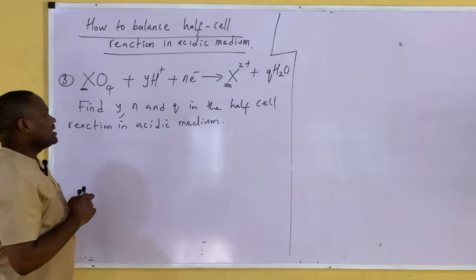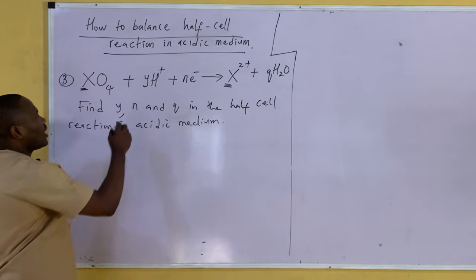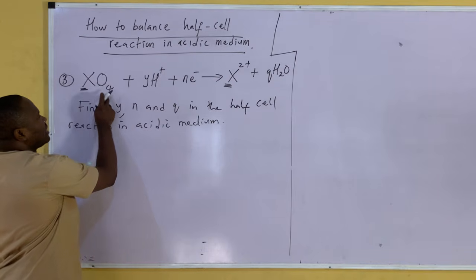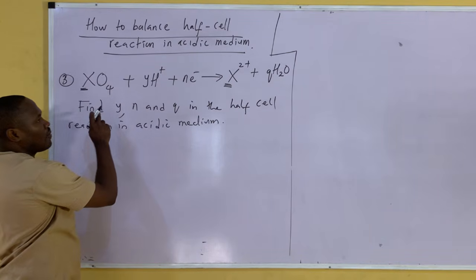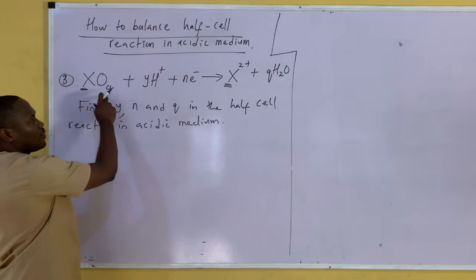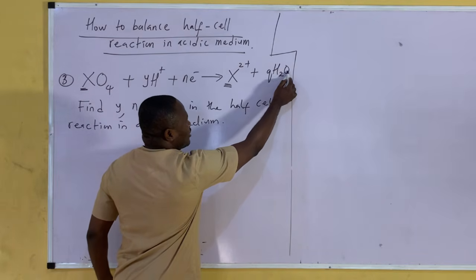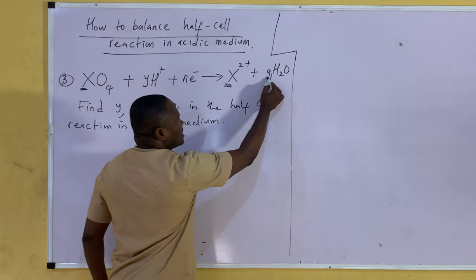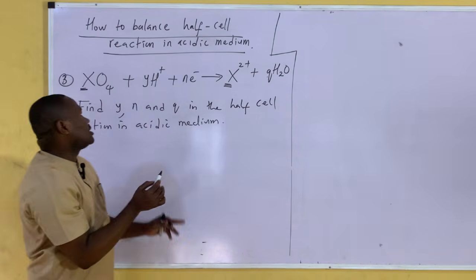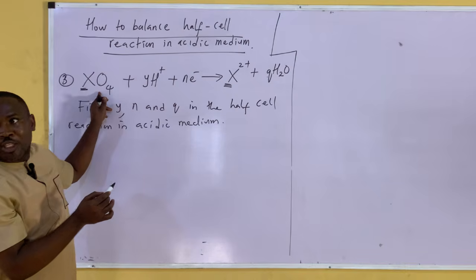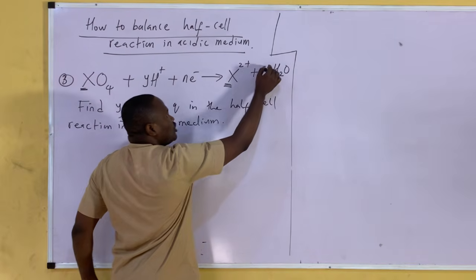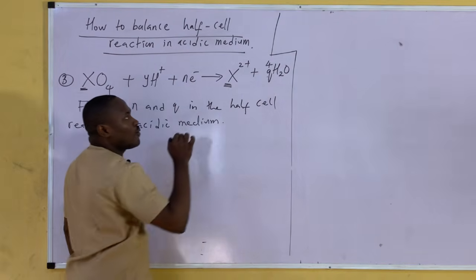Now, the next thing is I have O here, 4. I don't know what is here. So to make oxygen balance here, I have to make Q equal to 4.